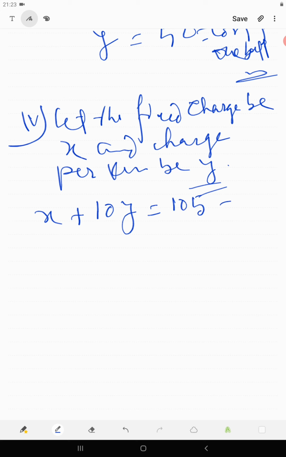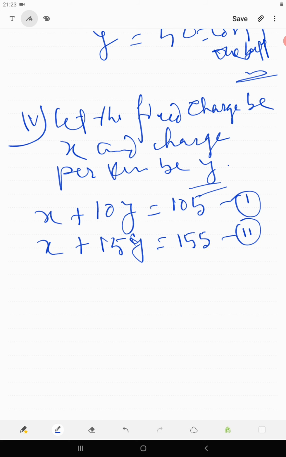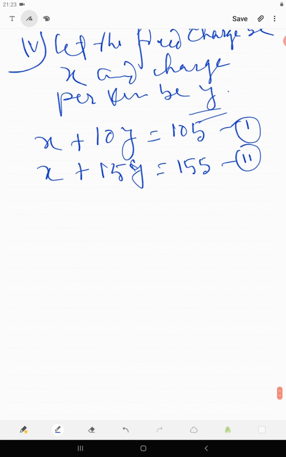This is our equation 1. Now in the second case there will be a fixed charge of x, plus 15 kilometer he went, so 15y, that is equal to 155. This is our equation 2. Next part will come later. First solve this, get the fixed charge and the variable charge.